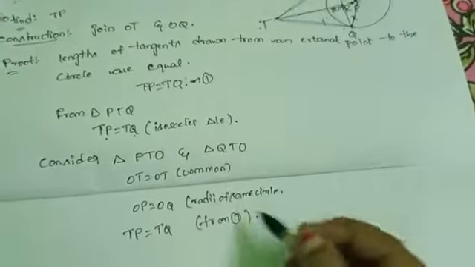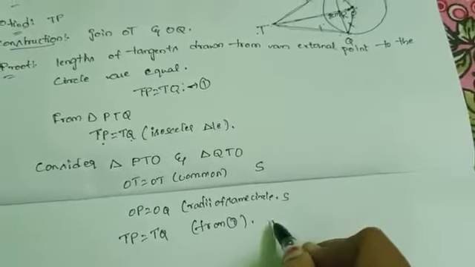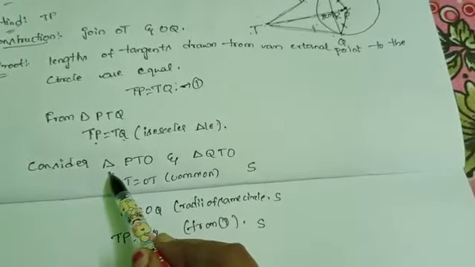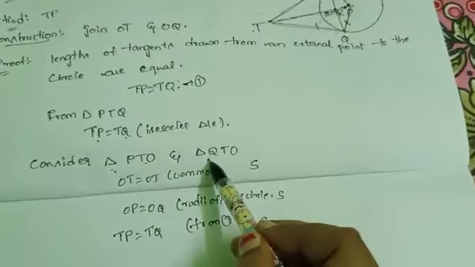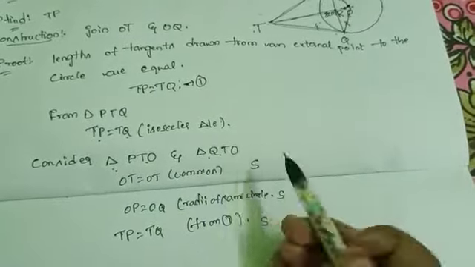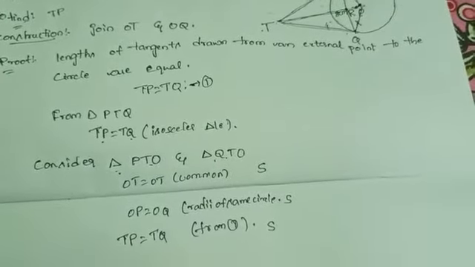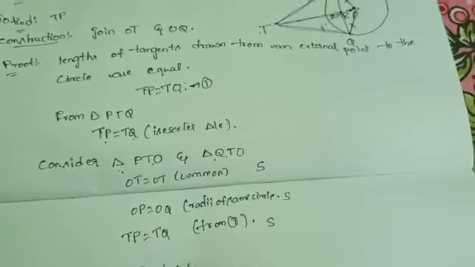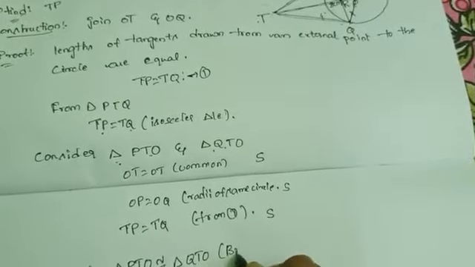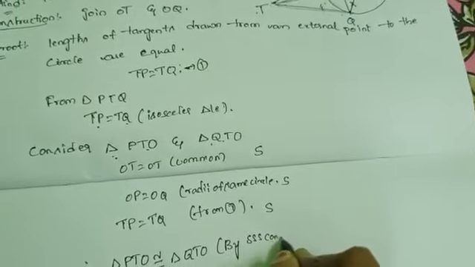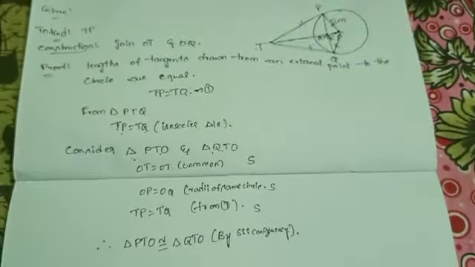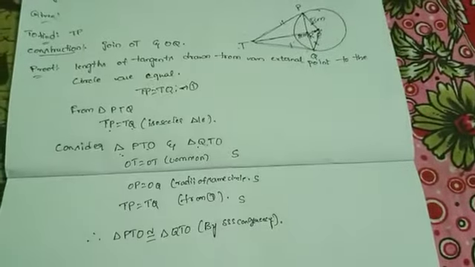Here, using side congruency, triangle PTO is congruent to triangle QTO. Therefore, triangle PTO is congruent to triangle QTO by SSS congruency.